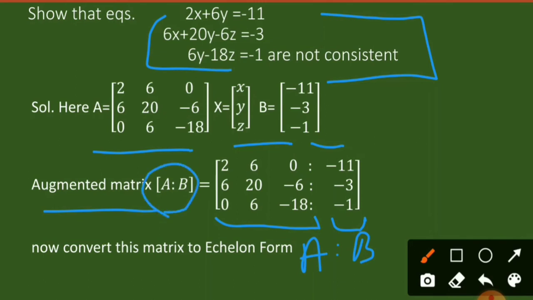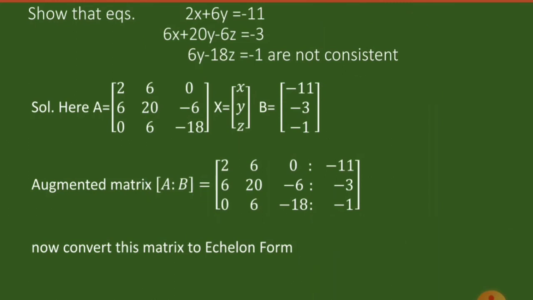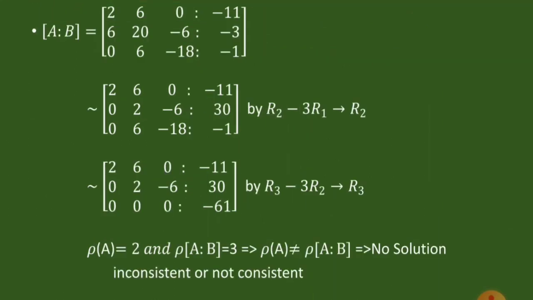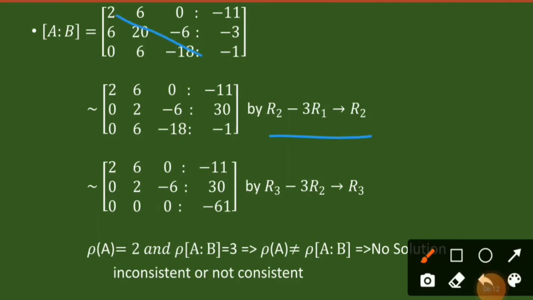Now after writing the augmented matrix, the next step is to convert it into echelon form by using elementary operations. We will use the old method to make 0 below the diagonal. Here the element in the third row is already 0, so we just need to change the element 6.